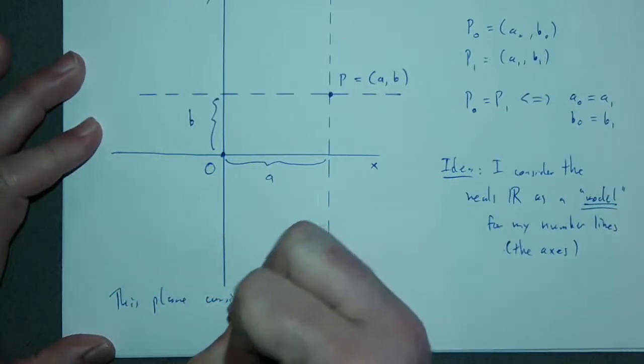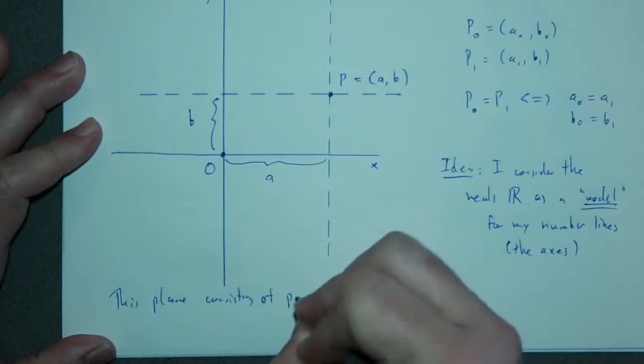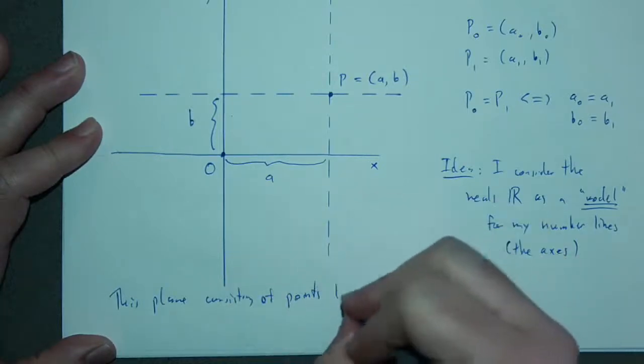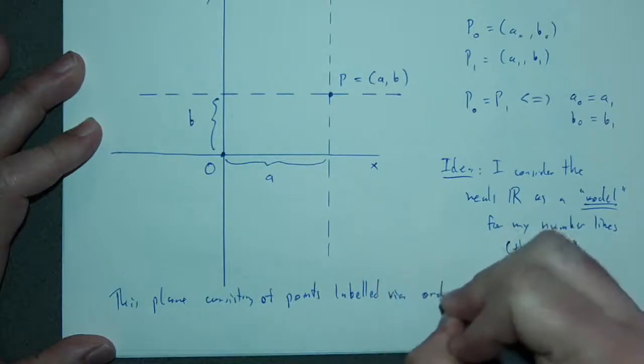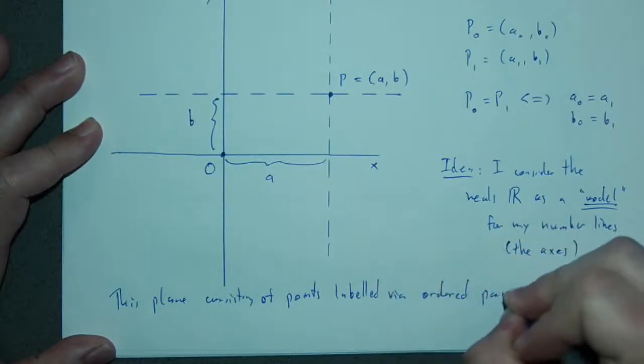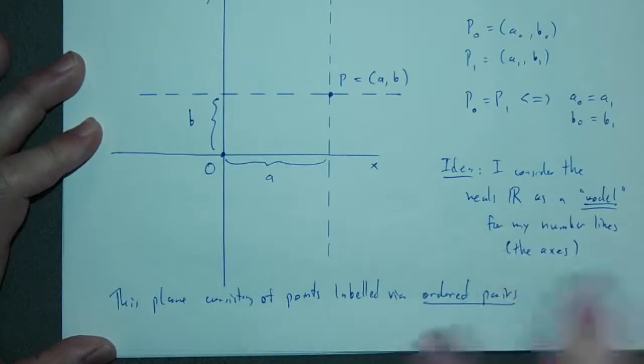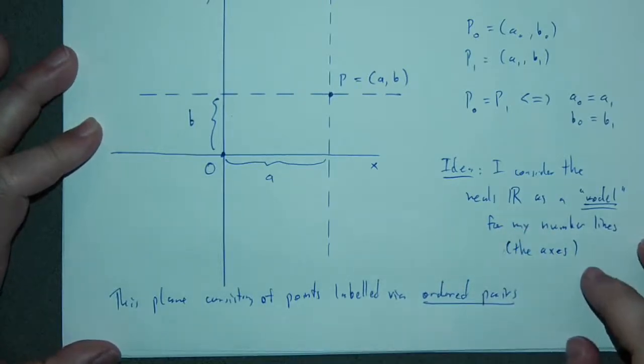consisting of points labeled via ordered pairs. Now, we call them ordered pairs because it matters in what order they arise.